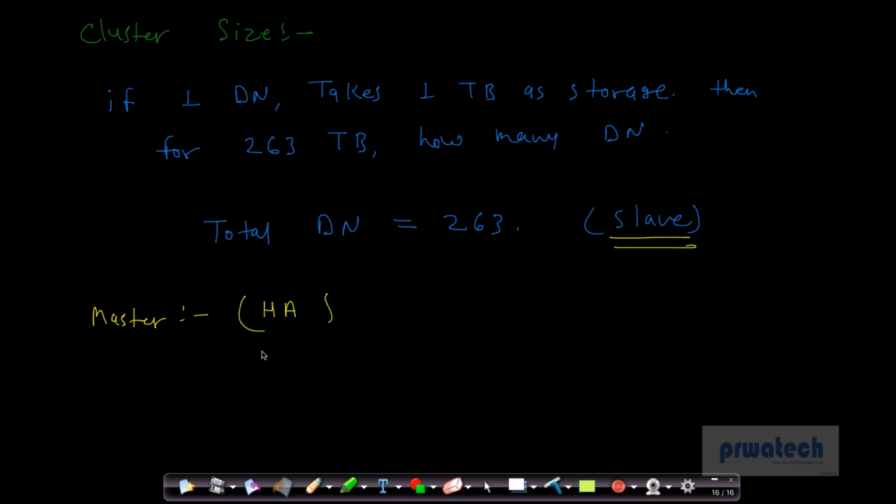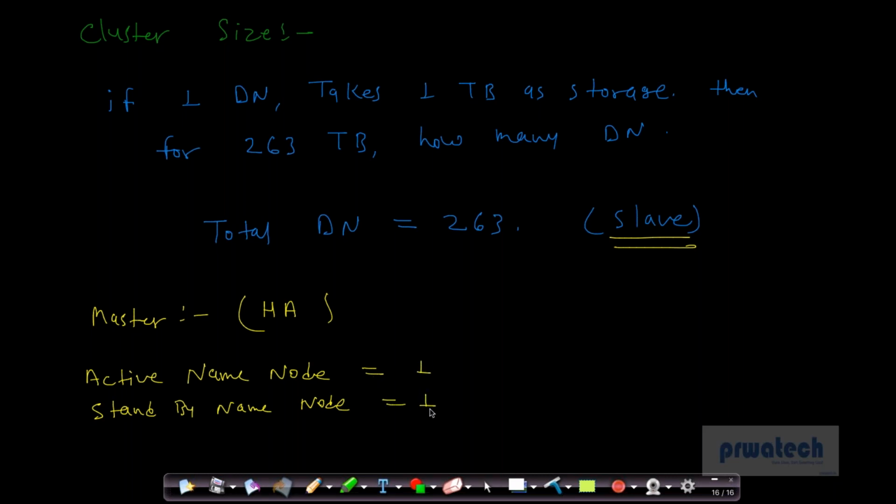In this HA, we keep multiple name nodes, because if one name node goes down, then we need a second name node. So one is an active name node, and the second one is a standby name node. Active name node will be 1, standby name node will also be 1.